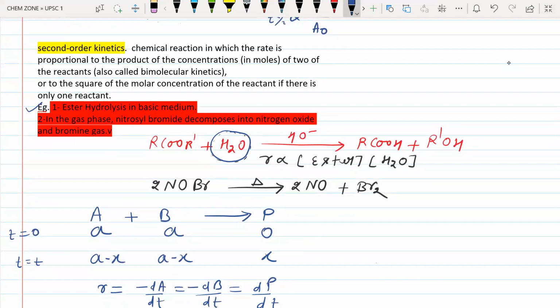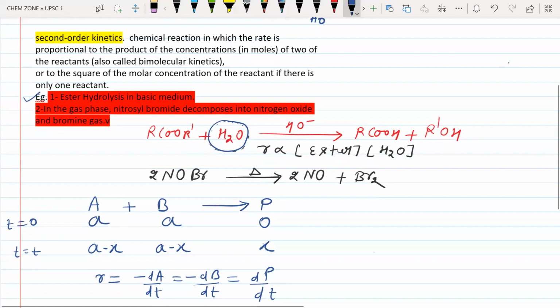But in acidic medium, as we already discussed, ester hydrolysis is an example of pseudo-first-order reaction, because in that case water molecules are present in excess, which does not affect the rate. But in case of basic medium, rate depends upon both ester as well as water.